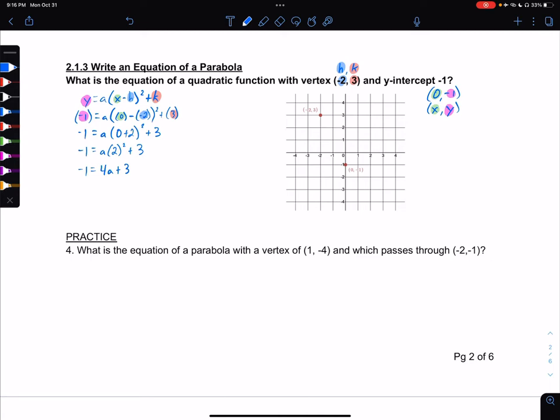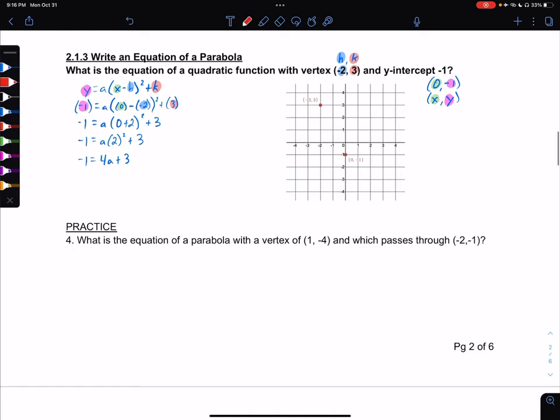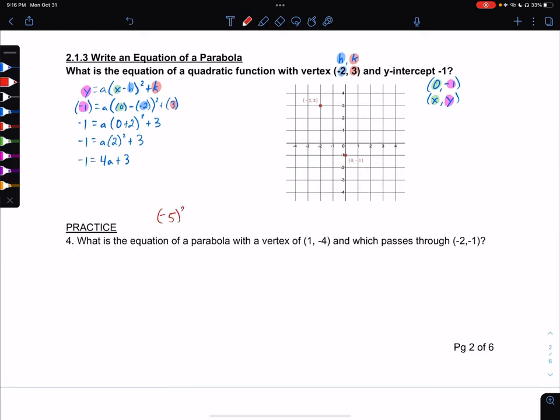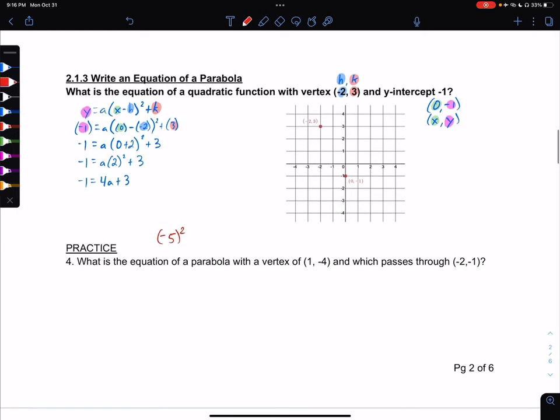Now, one of the things you need to be careful of is this right here. Make sure if you type that in the calculator, 2 squared is easy, but you will have problems where maybe you have something like -5 squared, which we know is 25.